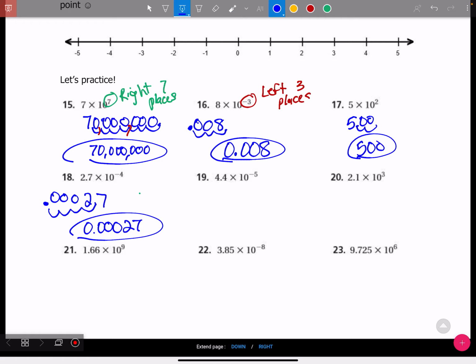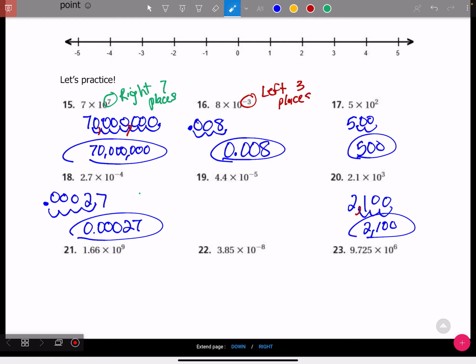For instance, in example number 20 here, 2.1 times 10 to the third, if we take our decimal and move it right 3 places, add in our commas in the correct locations, our number would be 2,100. Notice in this case, the number of zeros does not match the exponent. And we'll see that happen more and more often depending on which numbers we have.